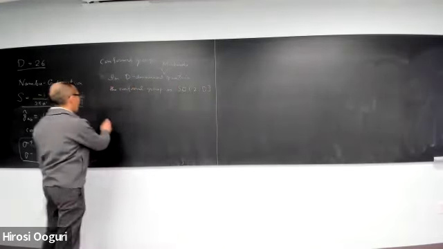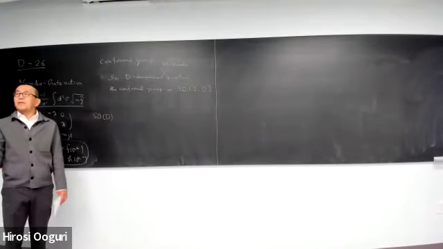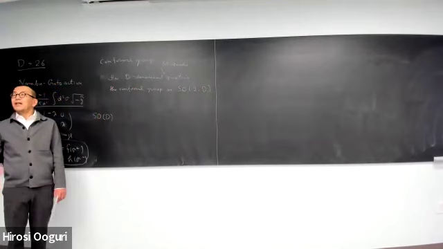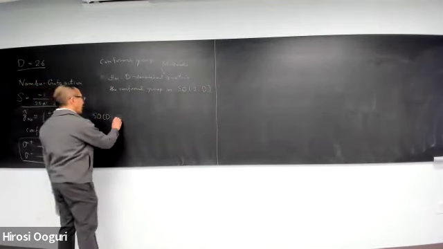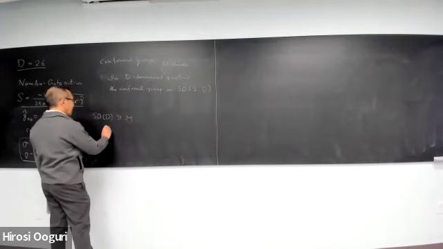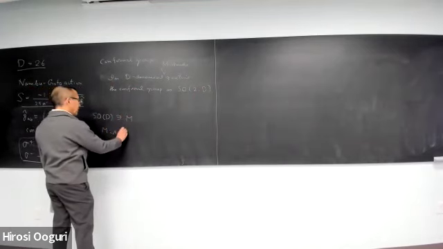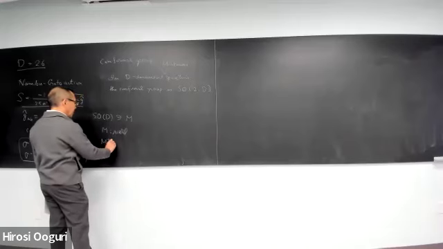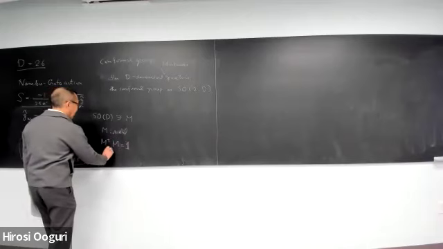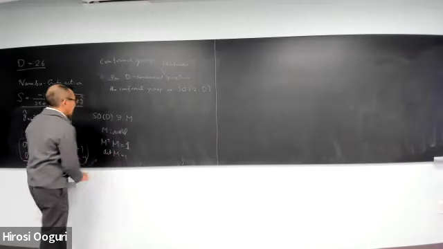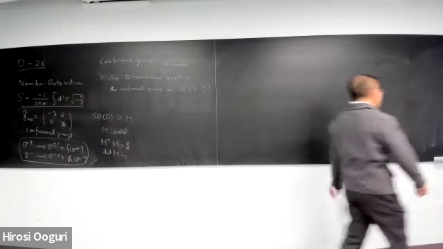What does that mean? Well, we know what SO(D) is, right? It is the space of D by D real matrices which are orthogonal. So any element M of this is real, and M transpose M is equal to 1, and the determinant is 1. That is the definition of the D-dimensional rotation group.